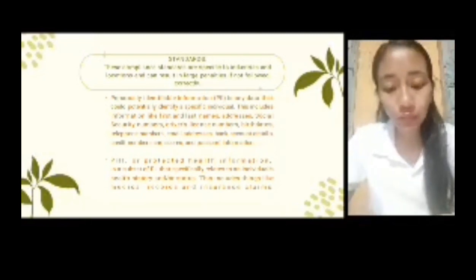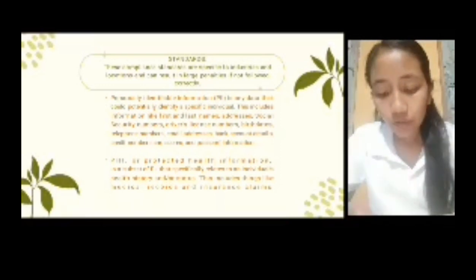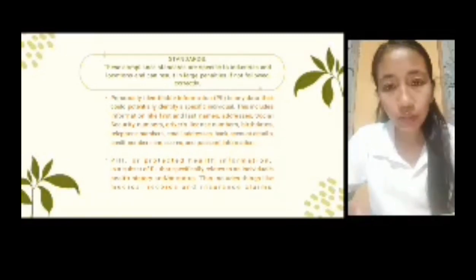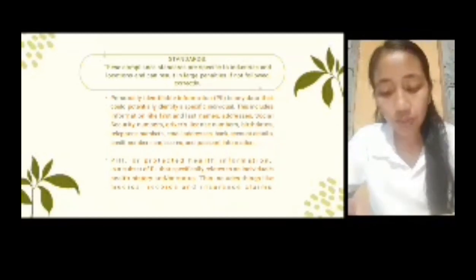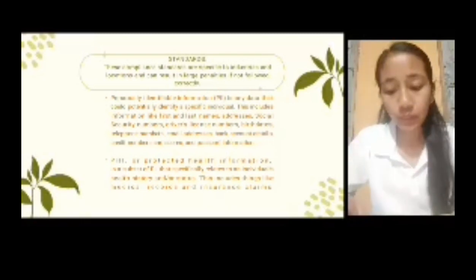This includes information like first and last names, addresses, social security numbers, driver's license numbers, birth date, telephone numbers, email addresses, bank account details, credit card numbers and scores, and passport information.